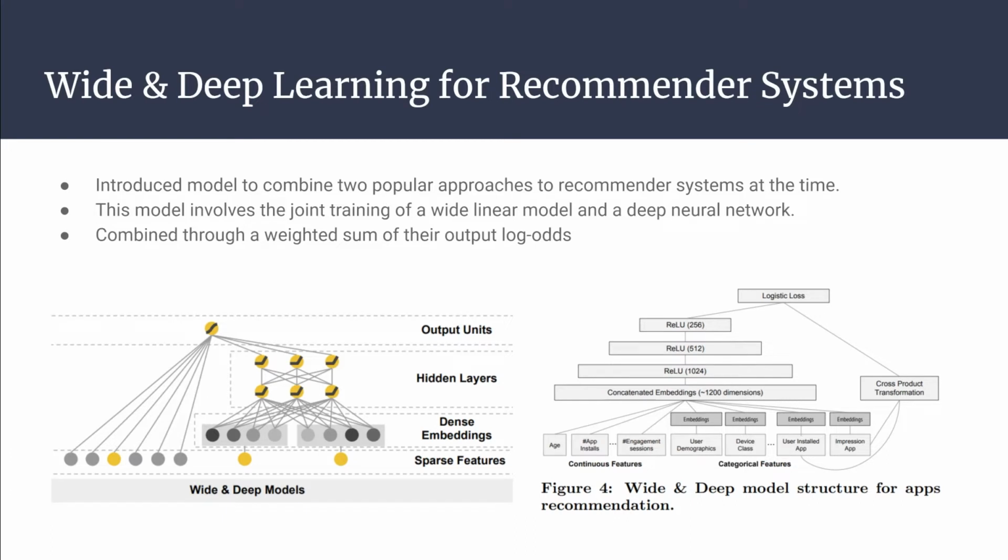And then you also additionally have this wide part of the model where you're just taking the categorical features and doing a simple logistic regression on top of that. And these two different components are jointly trained, and that was the approach that these authors took.